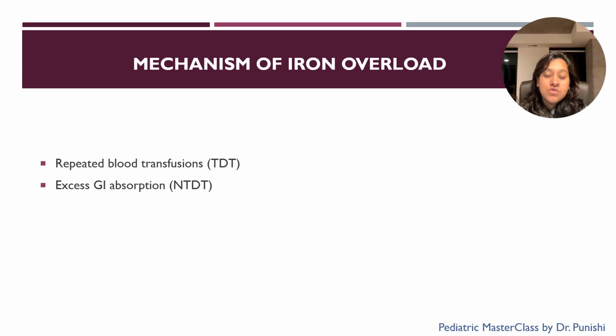Having said that, in the transfusion dependent thalassemics, the most common mechanism is chronic blood transfusions, followed by excess GI absorption, because if they are left under-transfused, the body again senses the anemia and compensates by increasing iron absorption. So to summarize, two basic mechanisms of iron overload remain repeated blood transfusions and excess absorption from the GI tract.